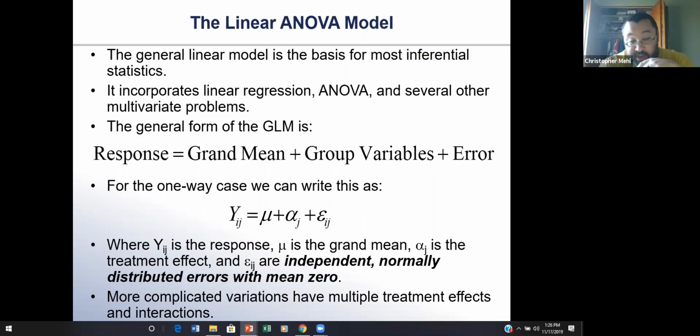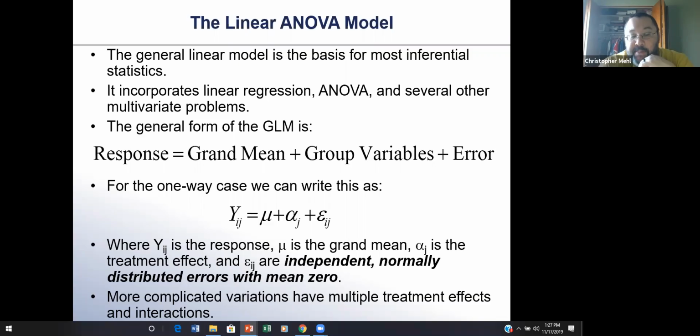For the one-way ANOVA case that we're looking at right now, we can write this as follows: Y_ij equals mu, that's your overall grand mean, plus alpha_j. Alpha_j is the treatment effect, and epsilon_ij, those are your errors. Just like with linear regression, we have a critical assumption on the errors: they are independent, they're normally distributed, and their means are all zero.